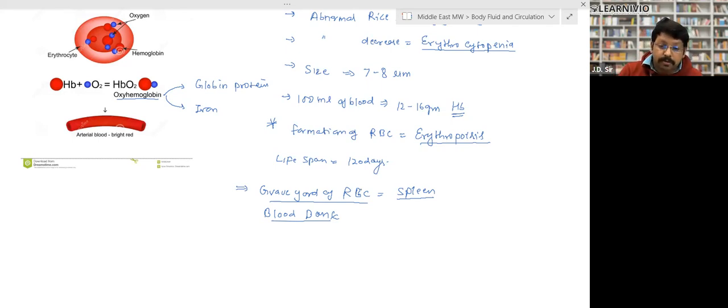Full stop. The spleen is also called blood bank. Clear?